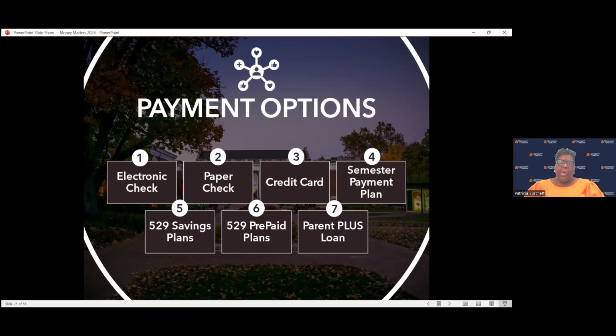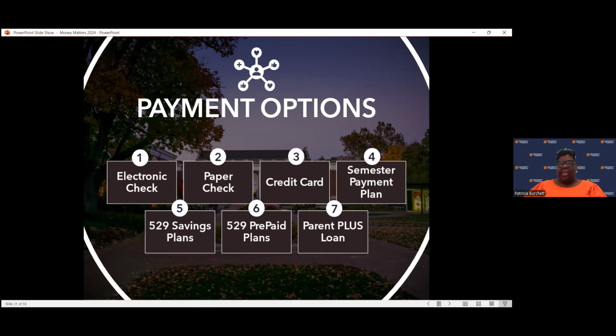You are able to pay your student's charges in several different ways. It can be an electronic check, a paper check, a credit card, a payment plan, a 529 savings plan, a 529 prepaid plan, and a Parent Plus loan.